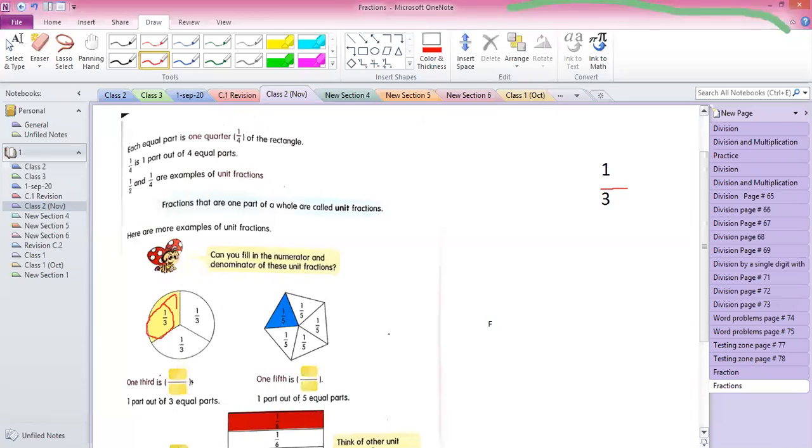So you see here, this is the only part which is colored, this part. So this is the only part, 1. So you will write here 1 up in the numerator. So this fraction is 1 over 3.